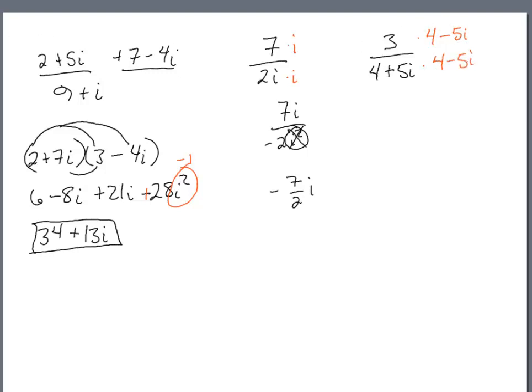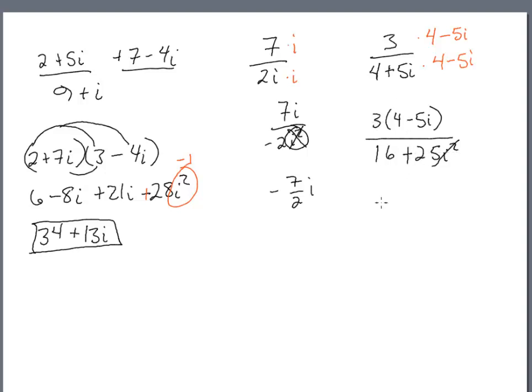Now, look at what happens here. On the top, we have 3 times 4 minus 5i. On the bottom, we have 16 minus 25i squared. Because we use conjugates, we don't have any middle terms going on in there. i squared makes that a plus. This is a negative 1, so negative 25 times a negative 1, that becomes a plus.